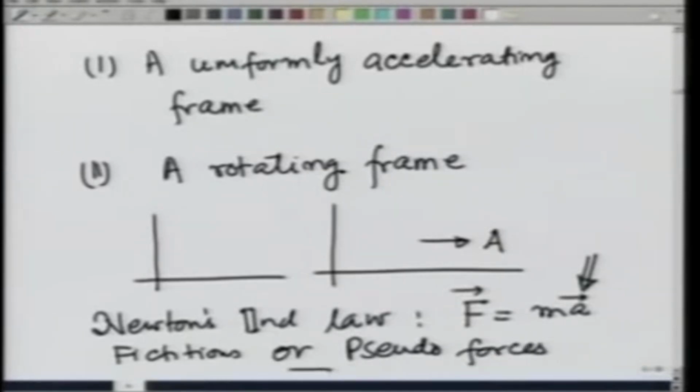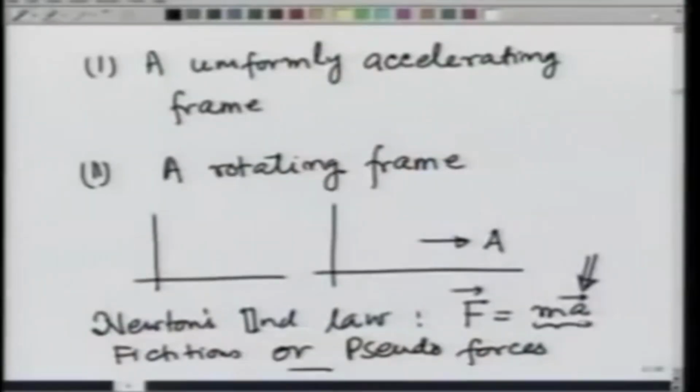For example, if you are sitting in a uniformly accelerating frame, you will have to imagine as if there is a force pulling things backwards, opposite to the direction in which you are accelerating, and that would be a fictitious force equal to m times a.